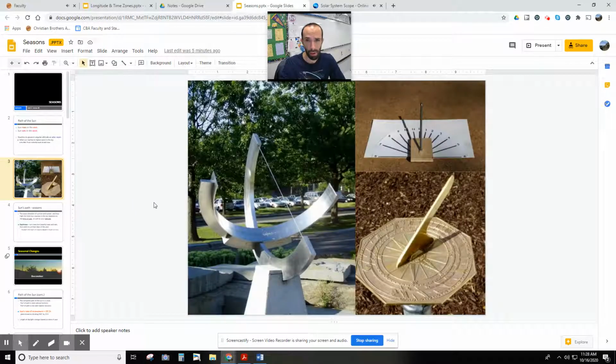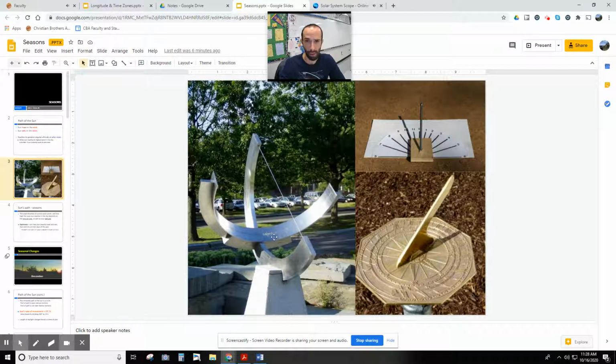One thing that we did early on in the year was measure shadows, and you can make a sundial pretty easily. Just collect data throughout the day on a sunny day. Set up a stick in the backyard and measure the shadow along the way. This is a sundial that's located on the Cornell University campus in the engineering quad. This is a very precise sundial that measures to the nearest minute.